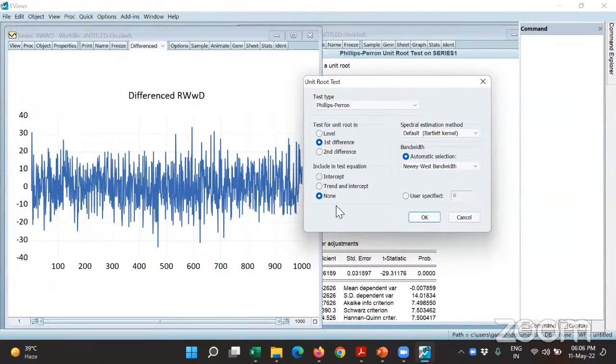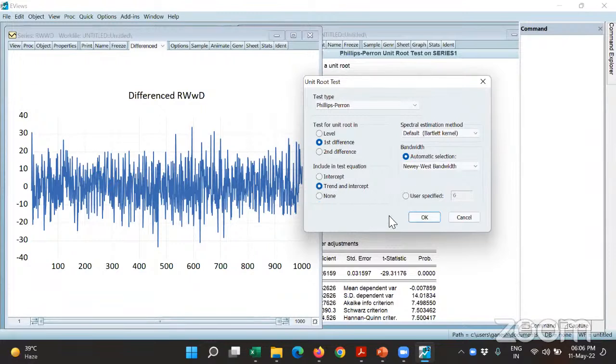Or one way out could be that you opt for trend and intercept as your first choice and see for yourself. Read the test equation, and if you find that the trend coefficient is coming up as significant, keep the trend in your data set. If the intercept coefficient is significantly different from 0, you keep that also in the equation.